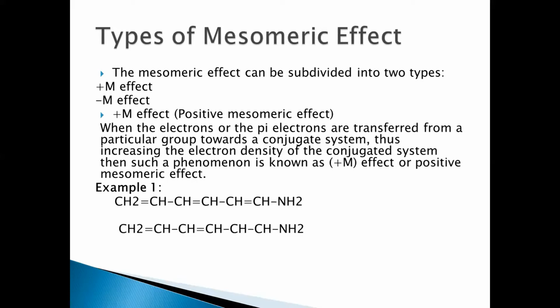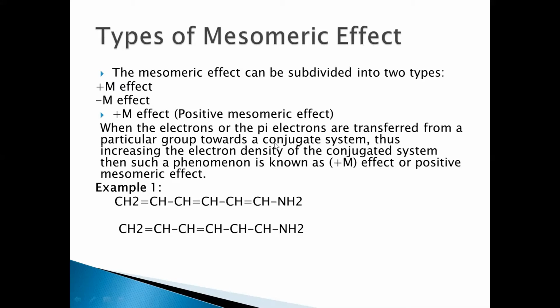Here also mesomeric effect is of two types, plus M effect and minus M effect. It is opposite. When pi electrons are transferred from a particular group towards a conjugate system, this is called plus M effect.